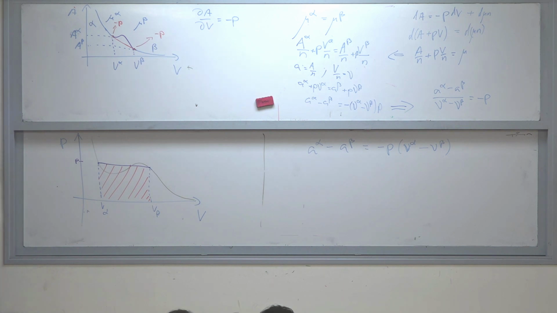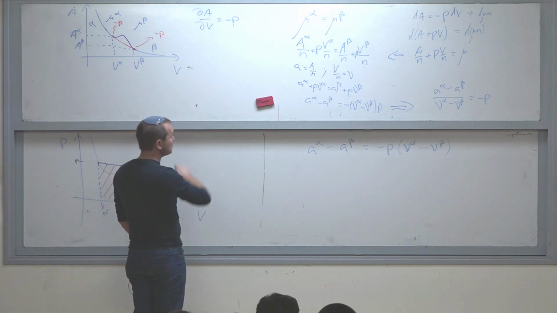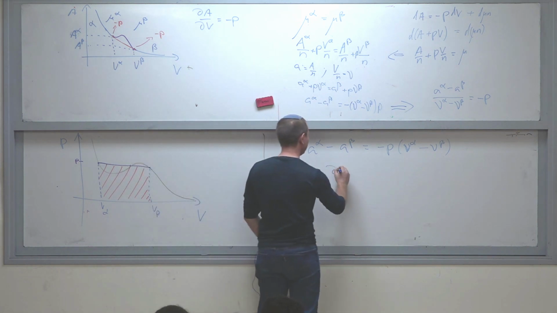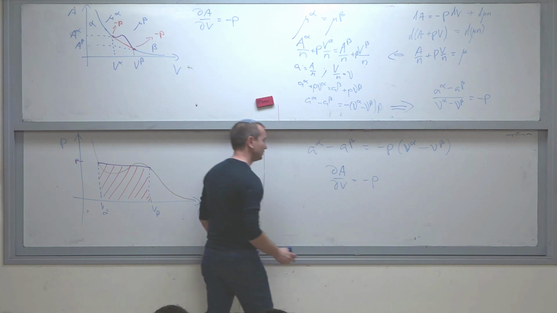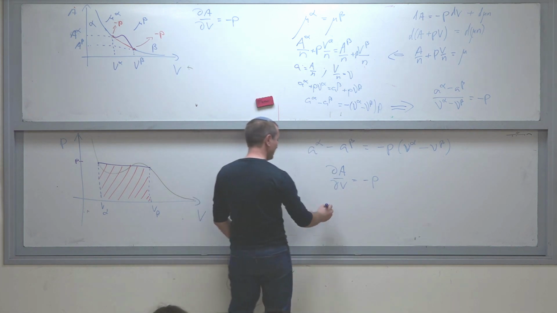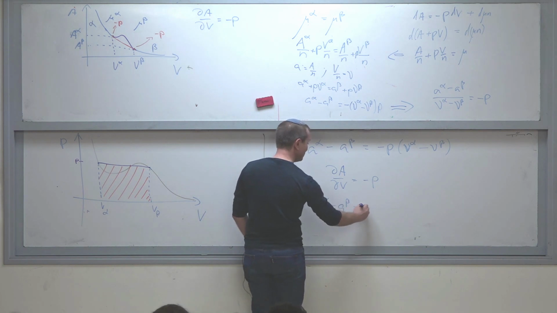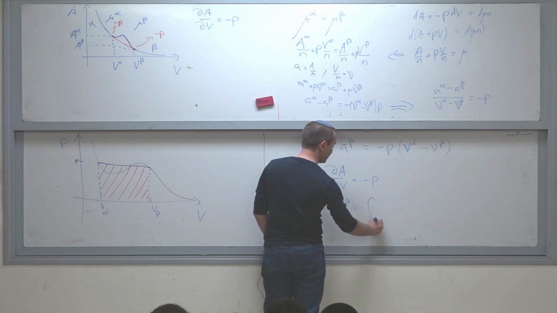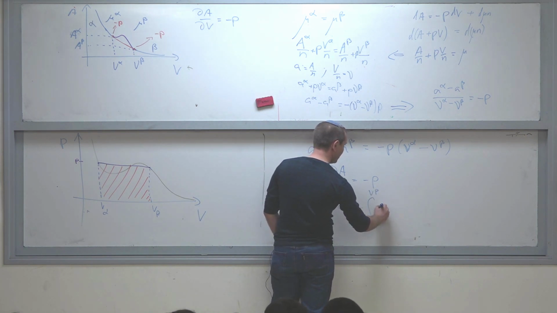But I also know that dA/dV equals minus P. So if dA/dV equals minus P, then A alpha minus A beta equals minus the integral from V alpha to V beta of P dV.